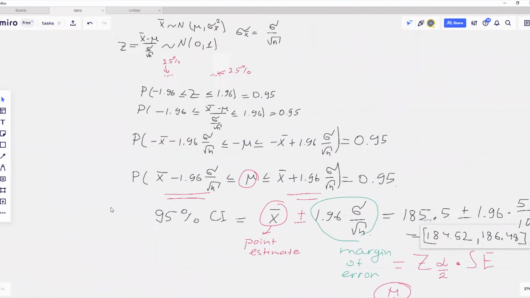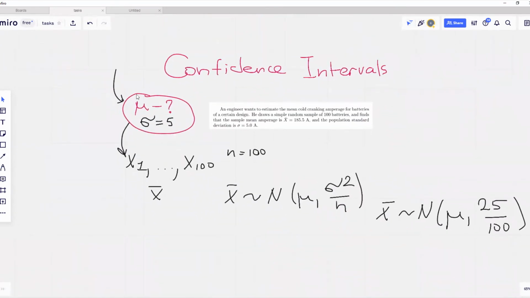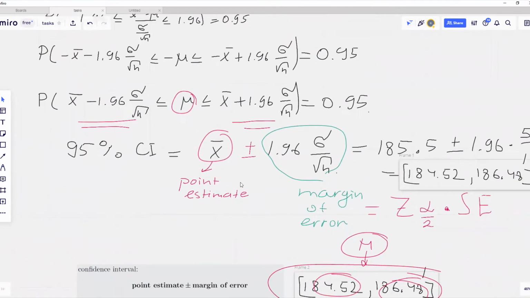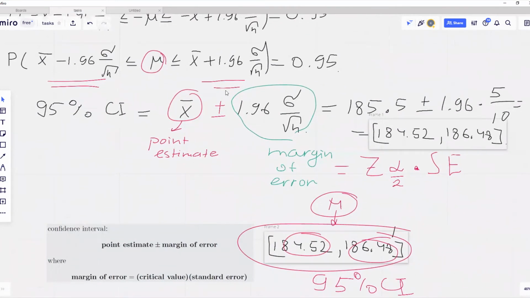If we were to repeat the experiment of drawing samples of size 100 and measuring X bars and following this procedure of creating confidence intervals, then 95% of the confidence intervals that we have built are going to cover the true population mean, and the other 5% of confidence intervals built this way will not cover the true population mean.